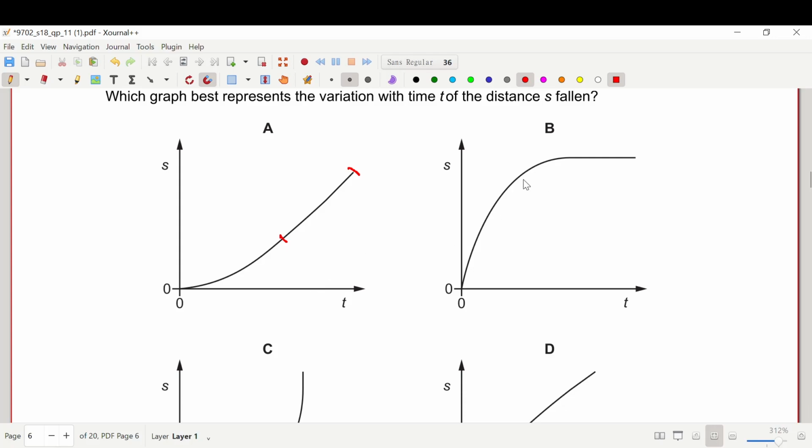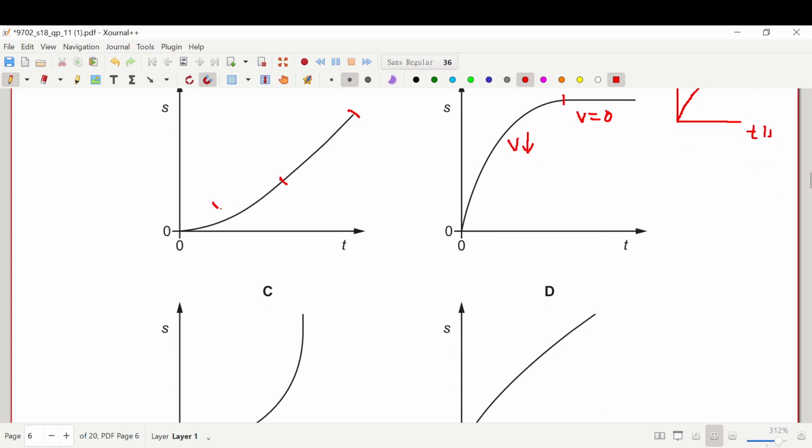यहाँ पर this shows a decreasing velocity. When the ball falls, basically velocity time graph comes like this way. This is terminal velocity. This is velocity is increasing. But here this graph shows that velocity is decreasing and here velocity is 0. So this is wrong.